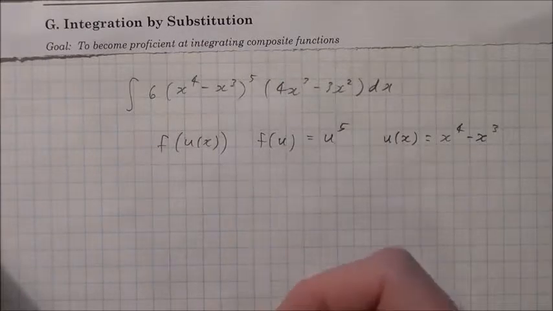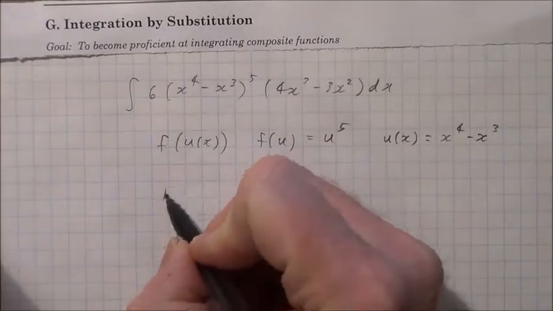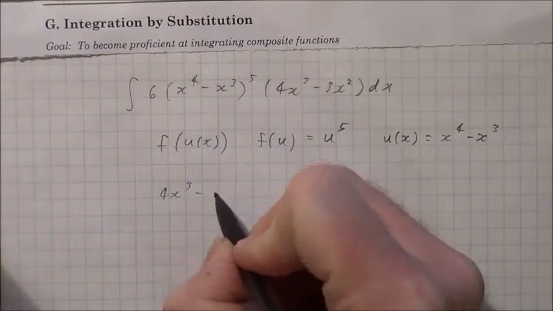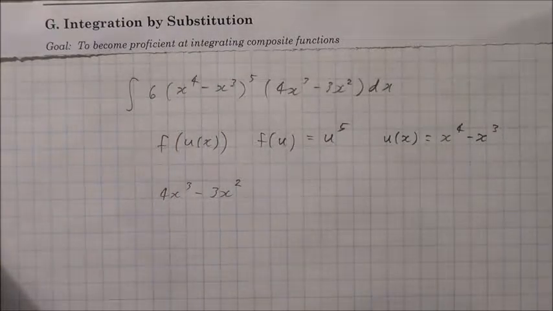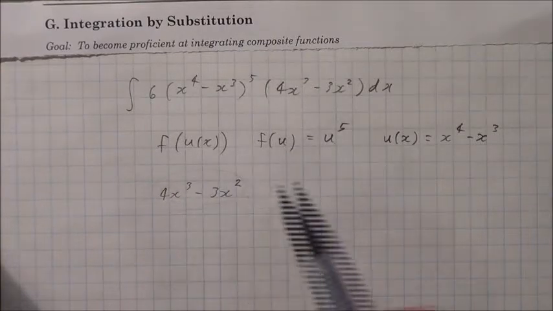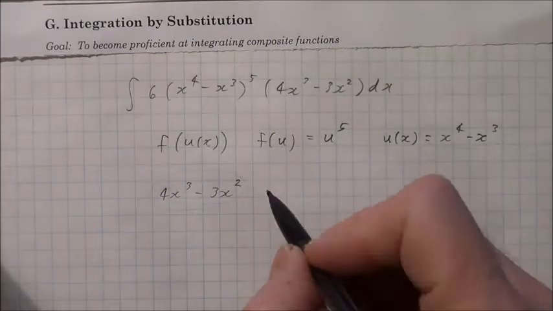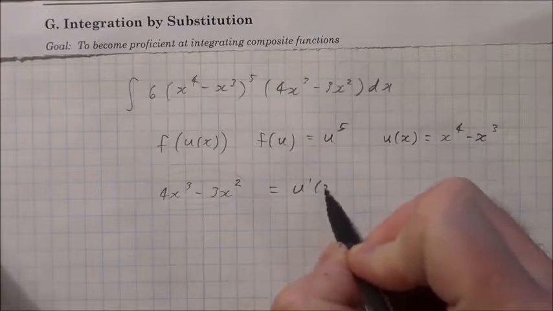The second function that we have is 4x cubed minus 3x squared. Well, a keen-eyed observer would notice that this is actually the derivative of this. So that's actually u prime of x.